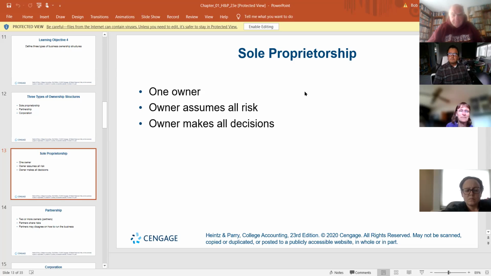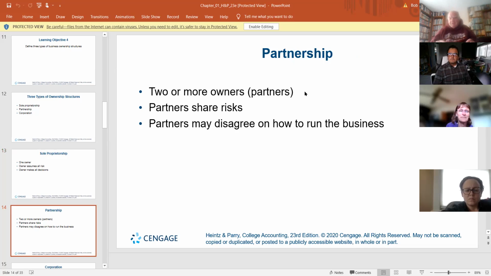Partnerships, and I'm only talking about a basic partnership, none of the fancy LLCs or anything like that. Same thing, partnerships share risks. If a partnership goes out of business, the partners can have their personal assets seized. They can have a lien put on their houses and things like that. And one thing you might find interesting is partnerships are typically how accounting firms work, architectural firms, legal firms, law offices.